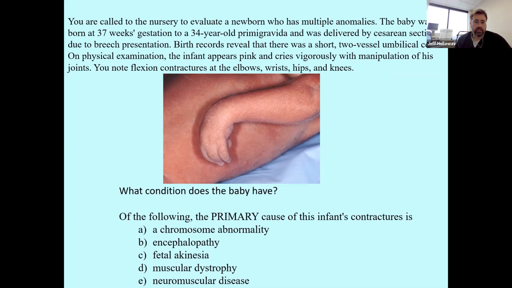It's a fancy name. And if you don't know it, knowing what it is lets you connect the dots of what causes that primarily. Does anyone have a guess what the primary cause of this infant's contractures is?